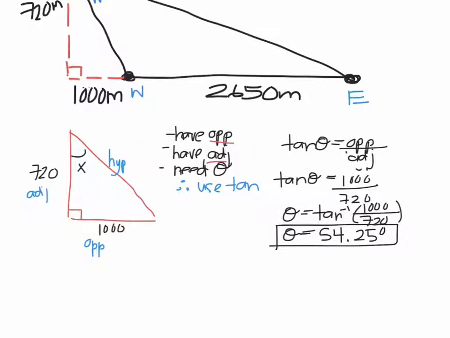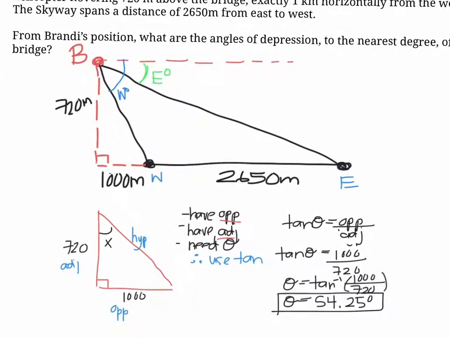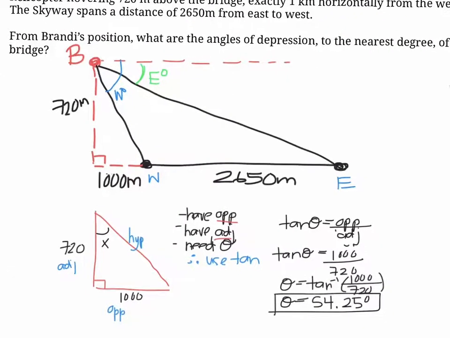So what did we just find? If we put it back into our original, we found this little guy here. We found that this one was 54.25 degrees. So can we find W now? Yes. From this dotted line to this dotted line, that's a right angle because we've got a right angle right here and we drew a horizontal.